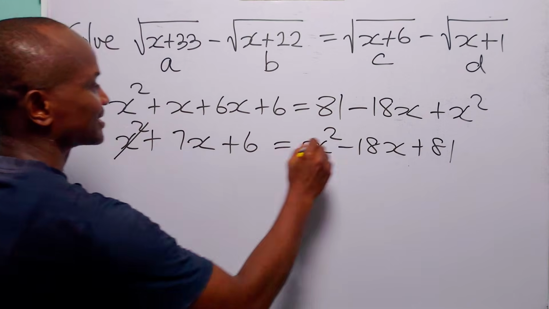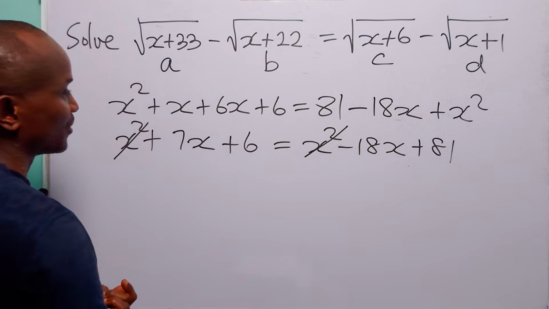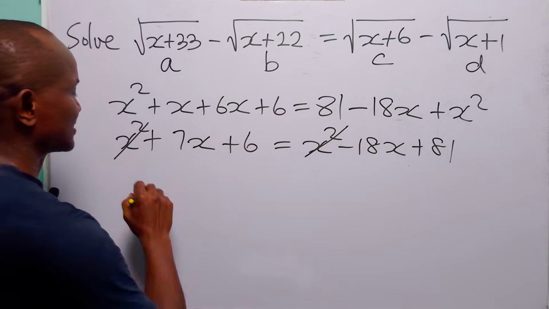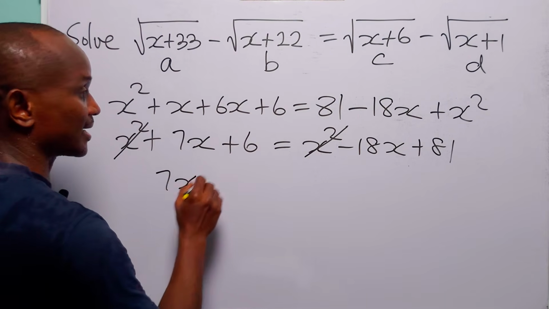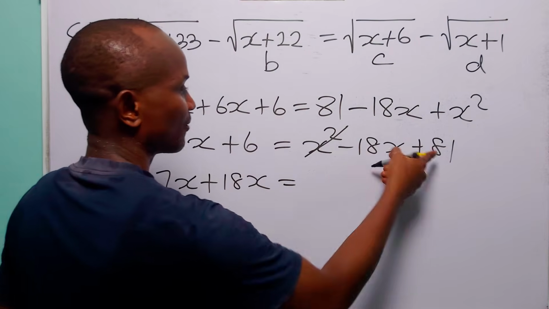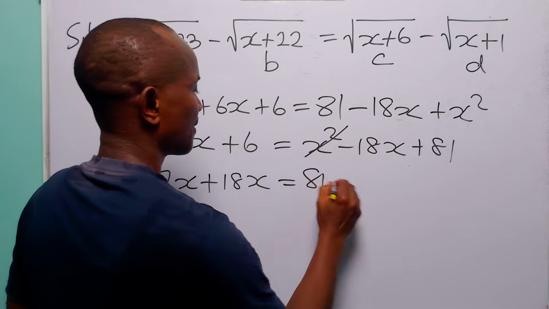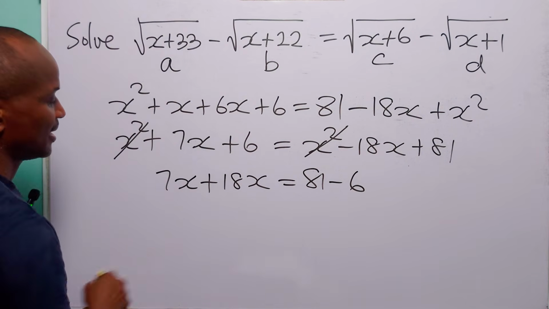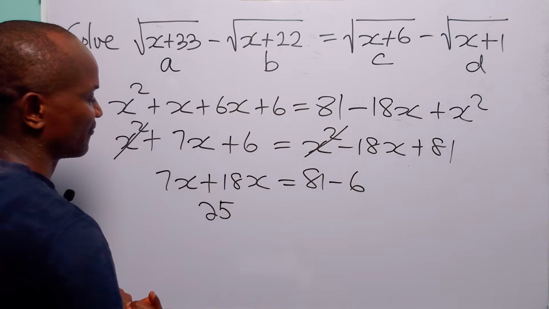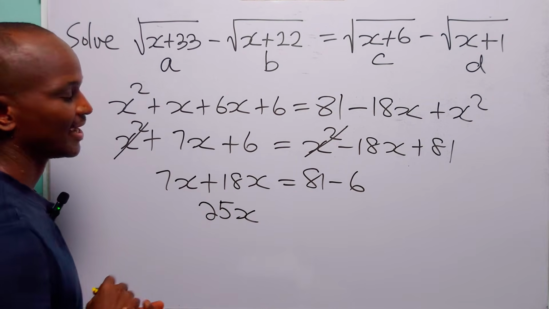Now we can subtract x squared from both sides of the equation. Let us move this term over to the left hand side. When we do that, we have 7x plus 18x, and this is equal to 81 minus 6. Now 7 plus 18 is going to give us 25, and of course we have x.